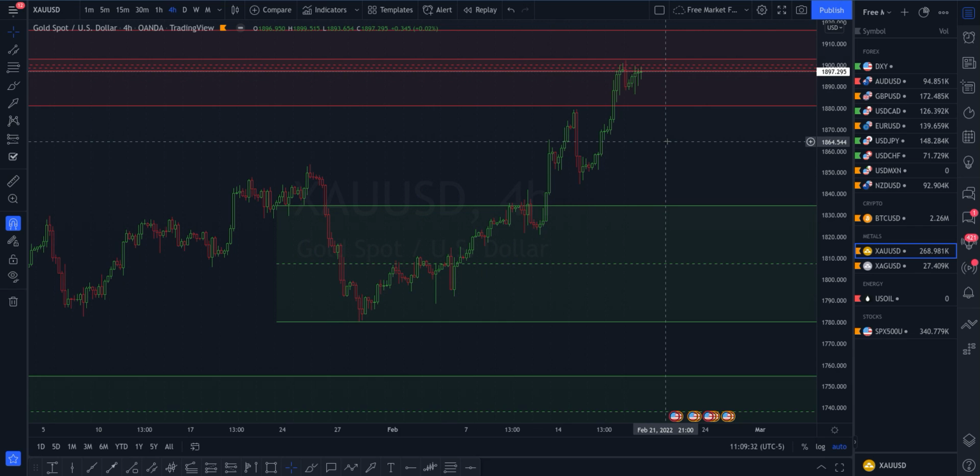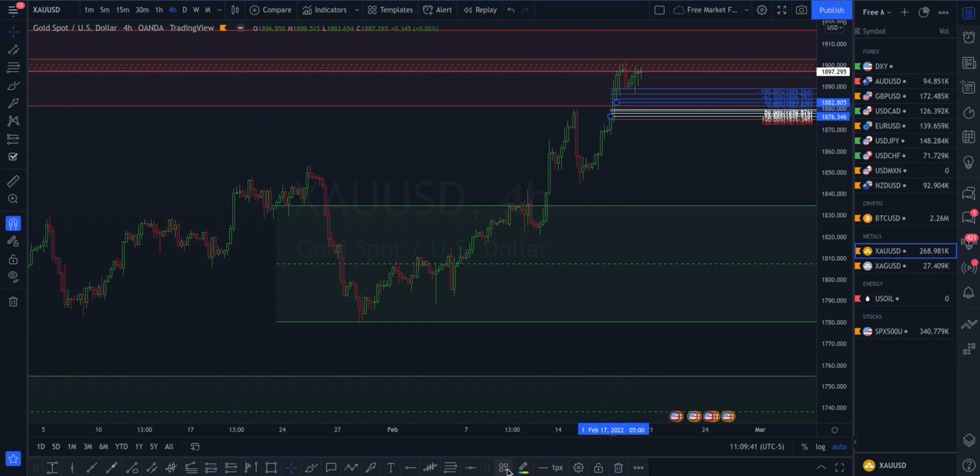So I'm thinking that this market is going to pop out. Could fill this imbalance and pop back up.